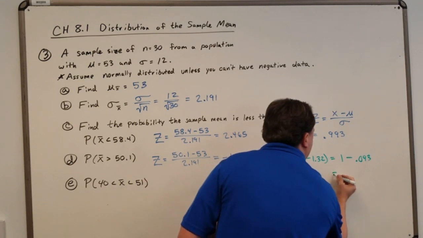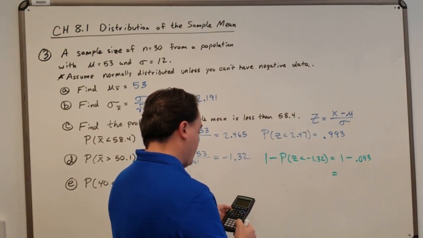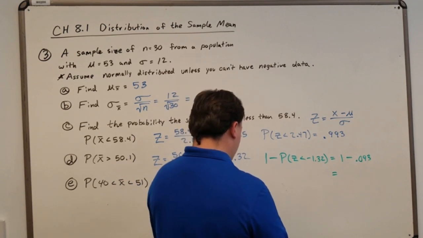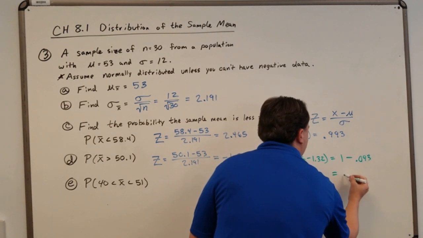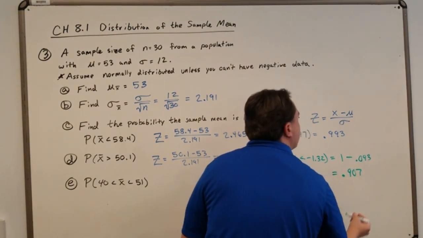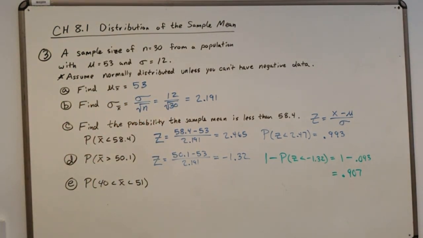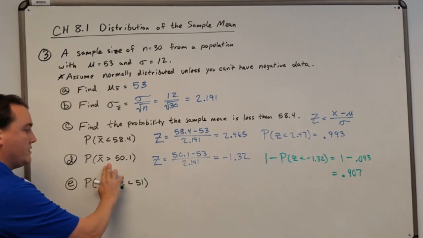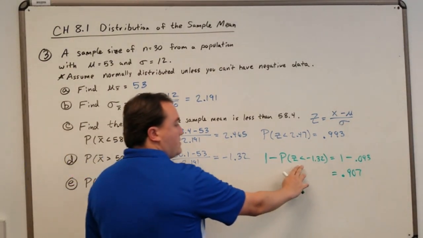And then we get our answer, which is 0.907 or 90.7%. Another way to say that: make sure when you see greater than, you find your z-score for that number still, but you do 1 minus less than.